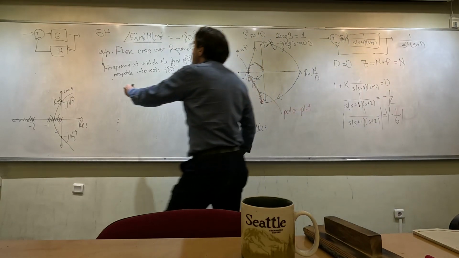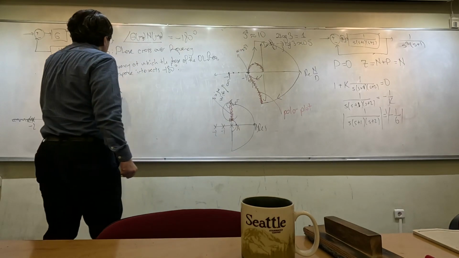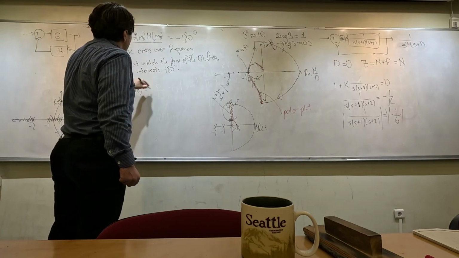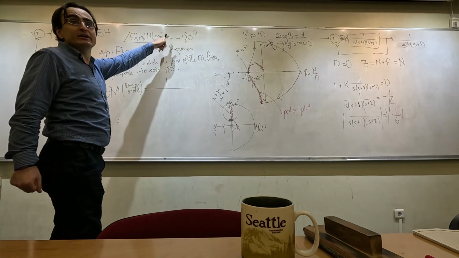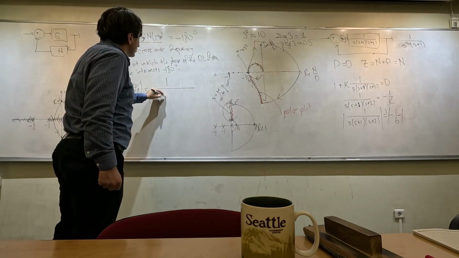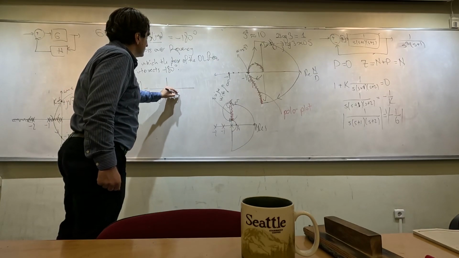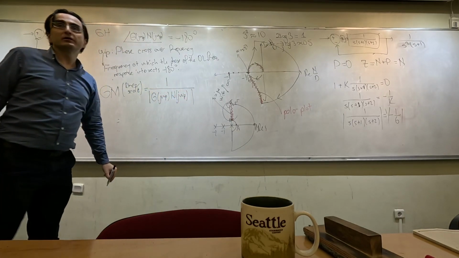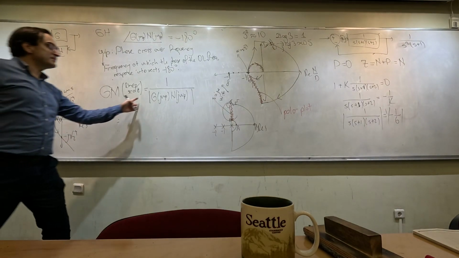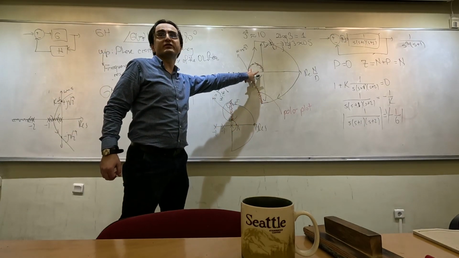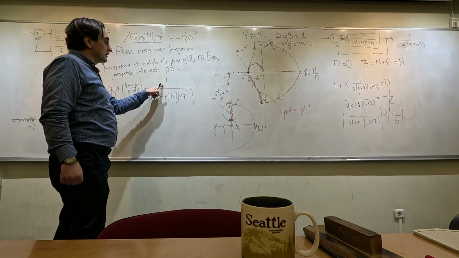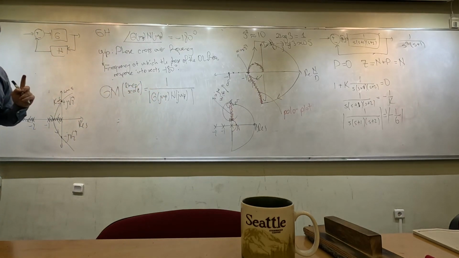So the gain margin of the system in linear scale is 1 over the magnitude of the open loop frequency response at the phase crossover frequency. For this example, this magnitude is 1 over 6, and when I divide 1 by 1 over 6, I get 6 as the linear scale gain margin.